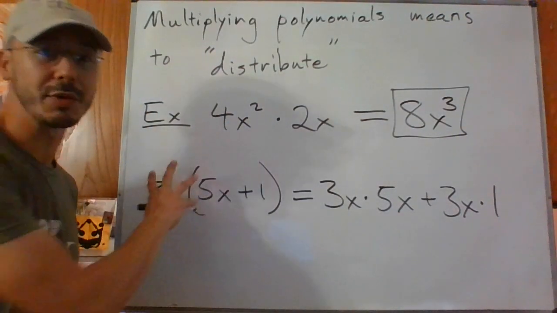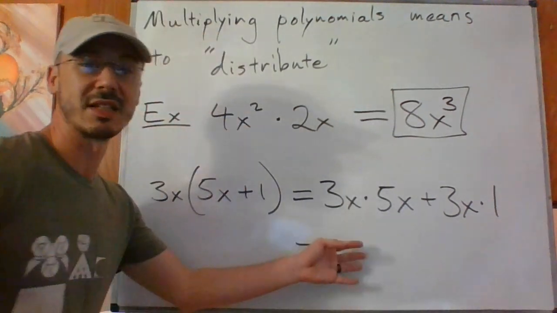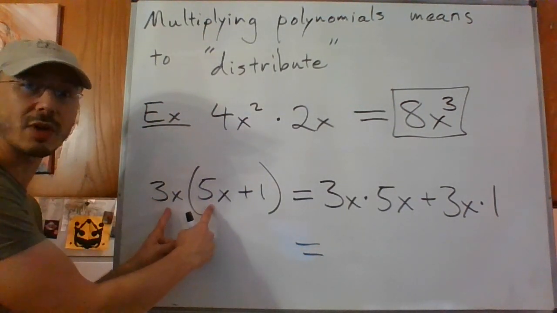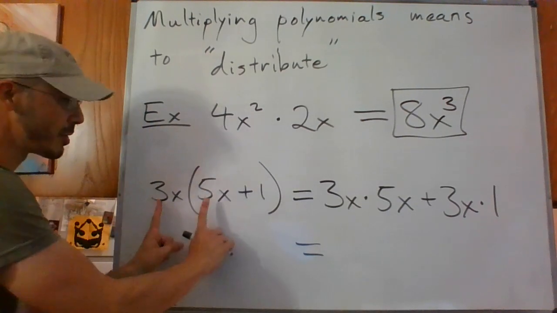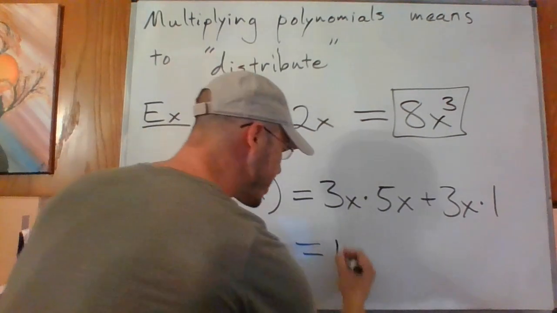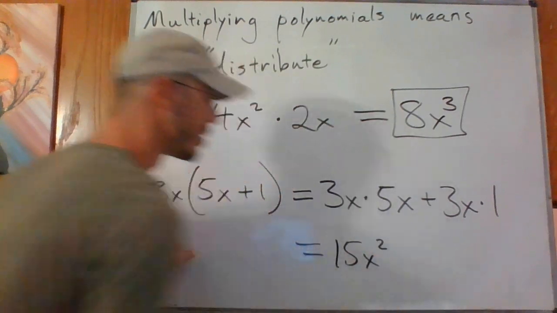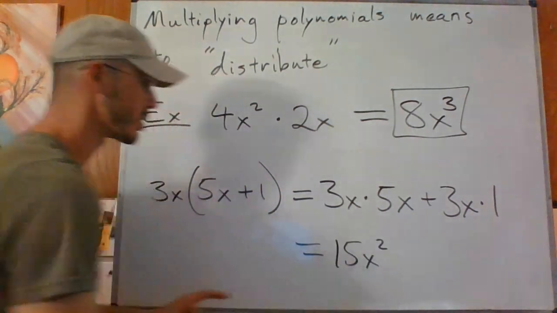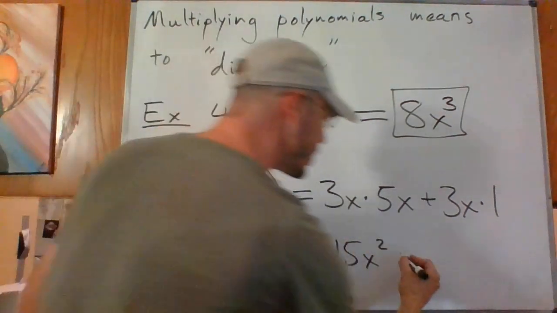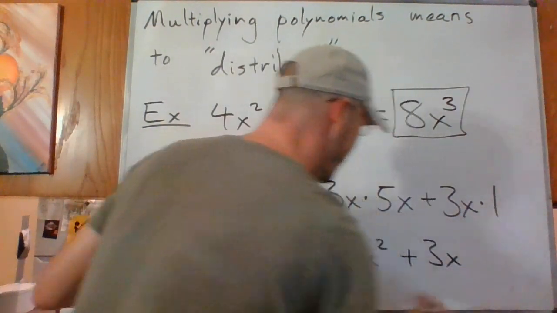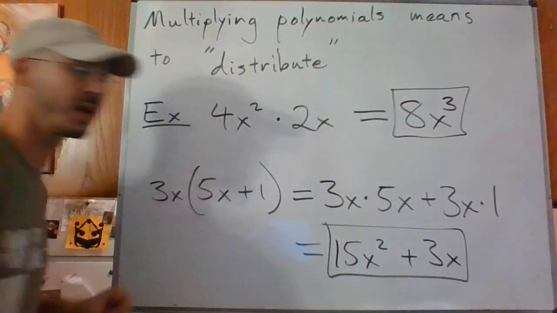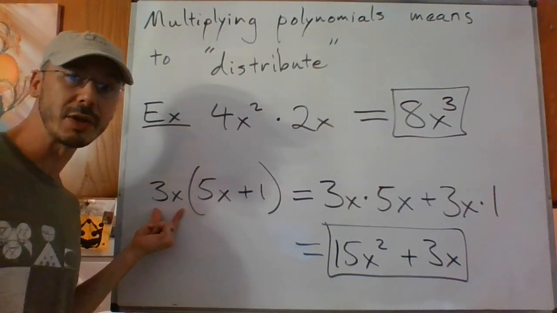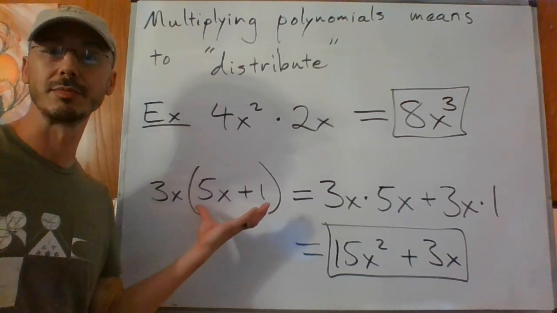But you might be able to accomplish this next step just from here by keeping track of things in your head a little bit at a time. The first two terms multiply to 15x squared. 3 times 5 is 15, x times x is x squared. And then 3x times 1 is 3x. And that's the product.